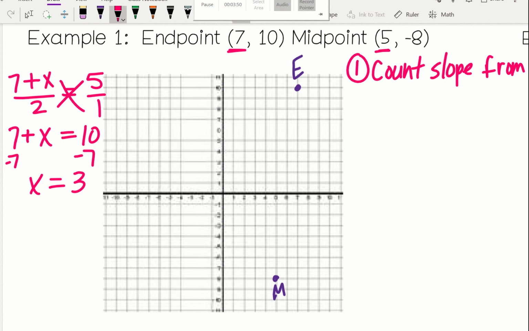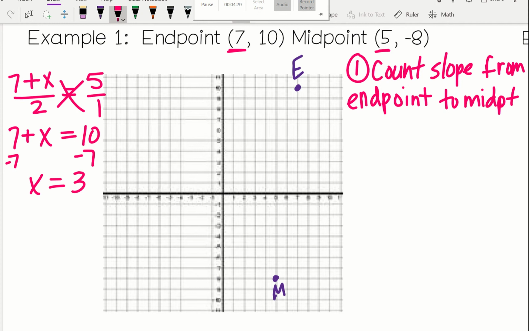For this one, you're going to count slope always from the endpoint to the midpoint, even if the endpoint is on the right, which it is in this case. Because the whole idea is, if I had my whole graph, I could count the slope from E to M and then count that again, and that would get me to F, or the other endpoint.